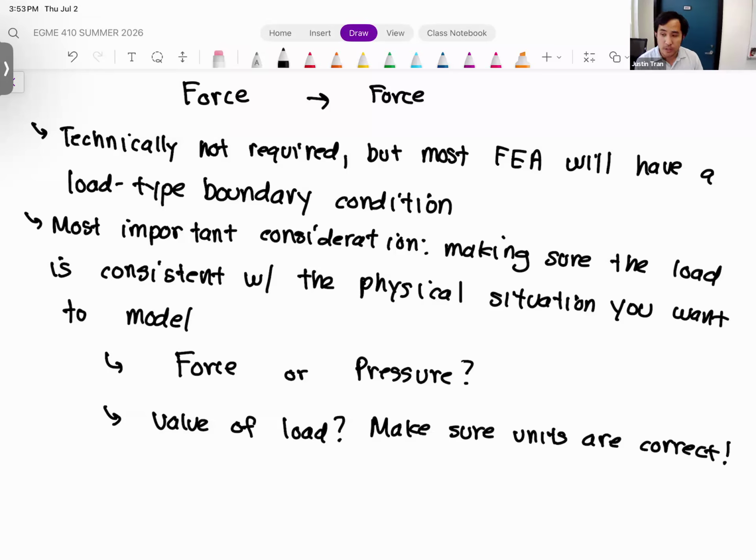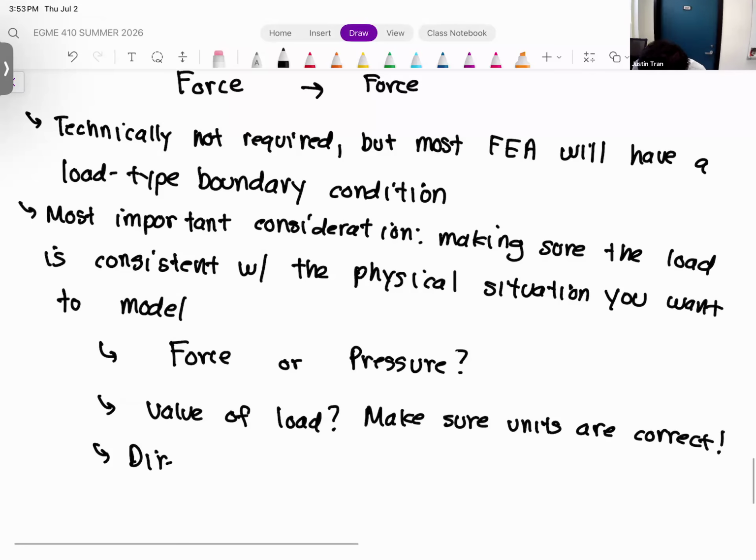Make sure you're putting 1,000 pounds or 1,000 newtons because that does make a difference. Okay. So make sure you're paying attention to the units when you're plugging that in. And that goes for the material properties as well. And I always say this every year, but there's always at least one person in activity two that puts in the wrong value for the material properties because they have the wrong units. Okay. And that goes for the force as well.